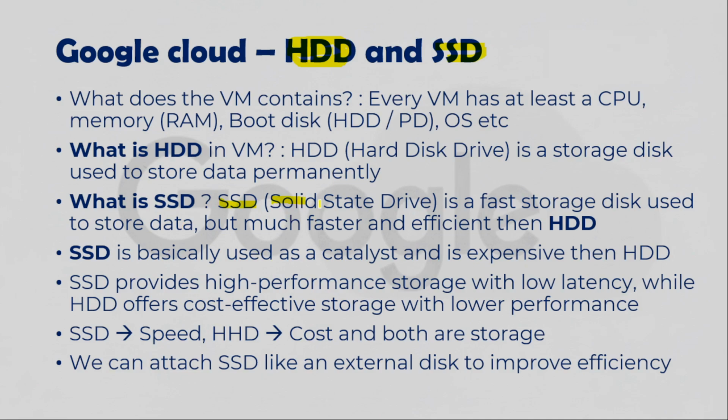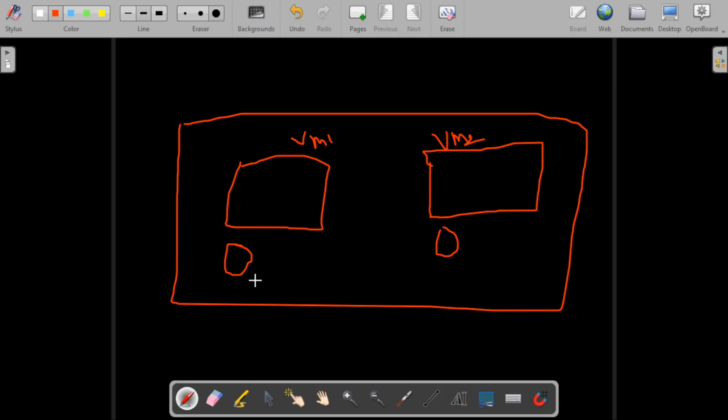And what are SSDs? This stands for solid state drive. This is also storage, but you can use it whenever you want, and to use this, you have to pay some extra amount. SSD is basically used as a catalyst and it is quite expensive compared to HDD.